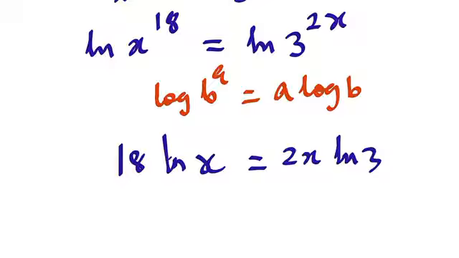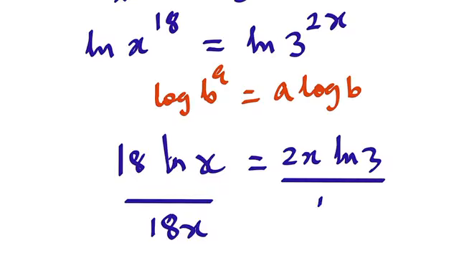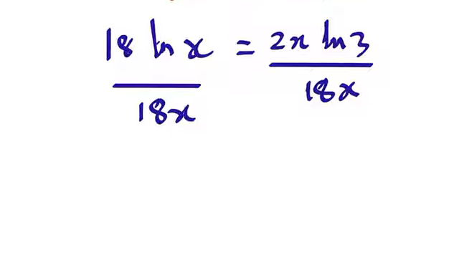Now the next thing we're going to do is that we should divide both sides by 18x. 18 what? 18x. Okay. So we have 18, we cancel 18.